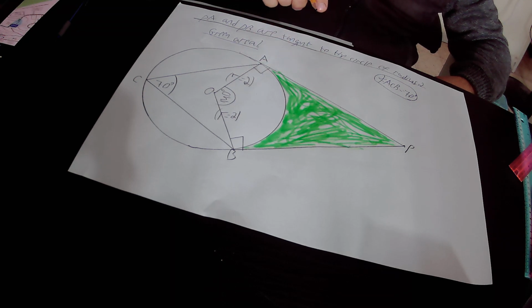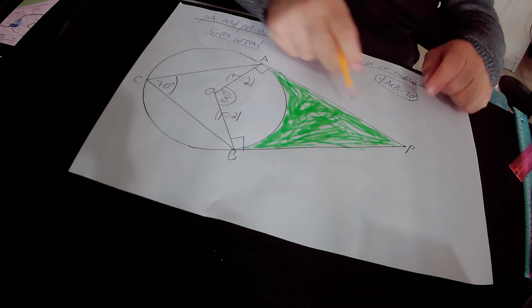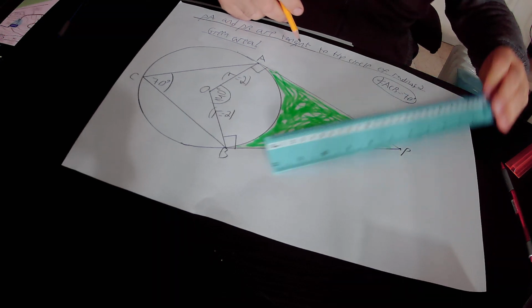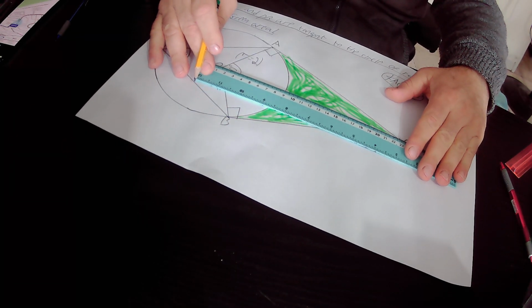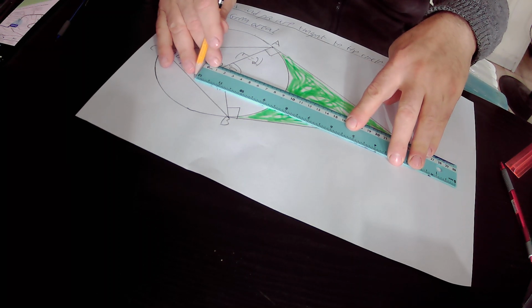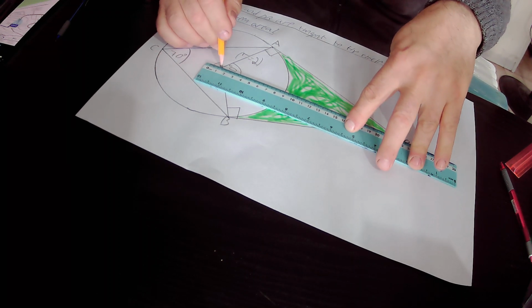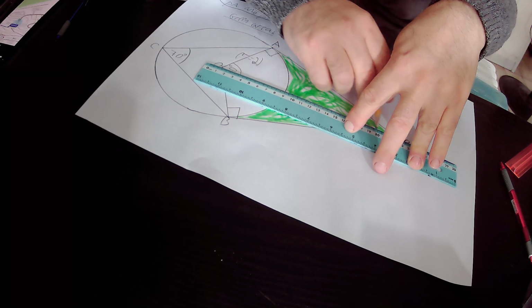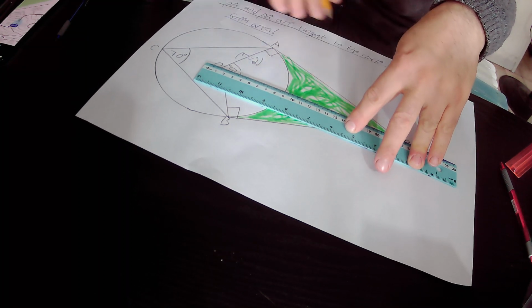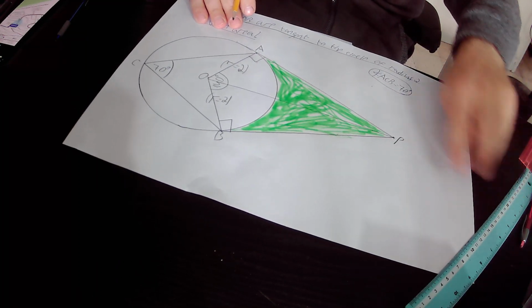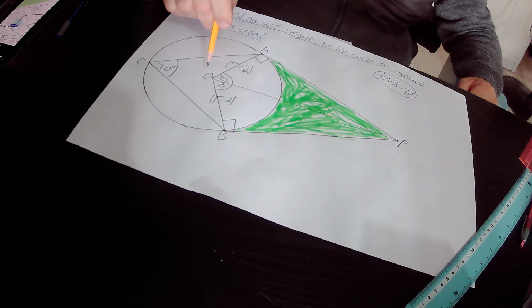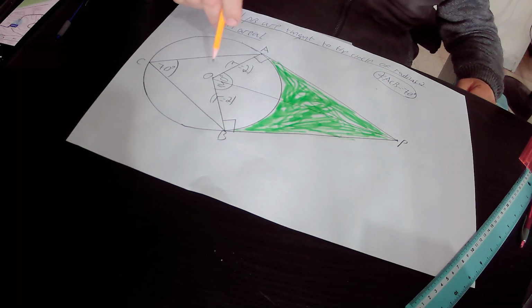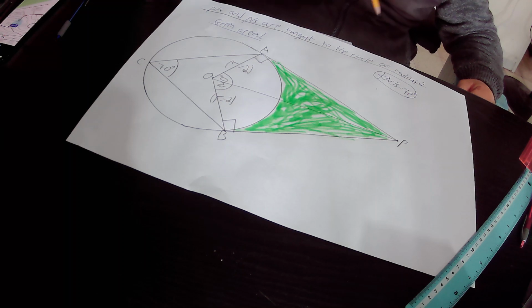In the next step, we join points O and P together by a straight line. By joining points O and P, we created two right triangles, the upper right triangle OAP and the lower right triangle OBP.